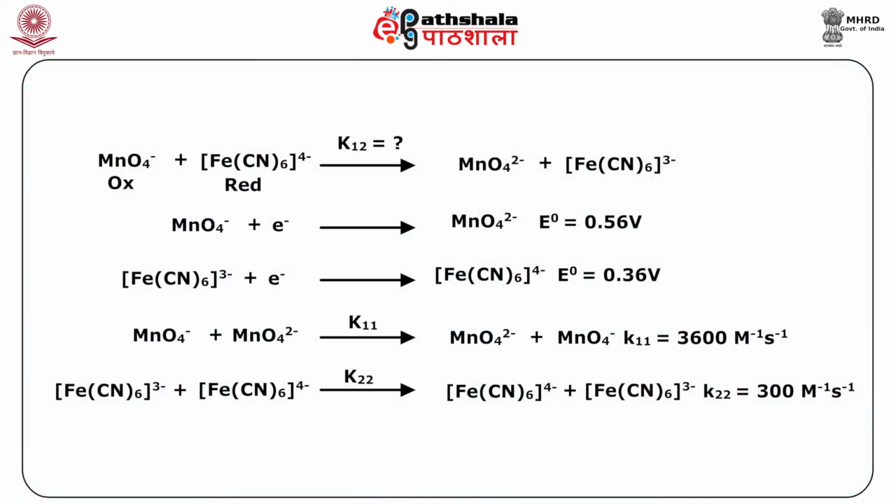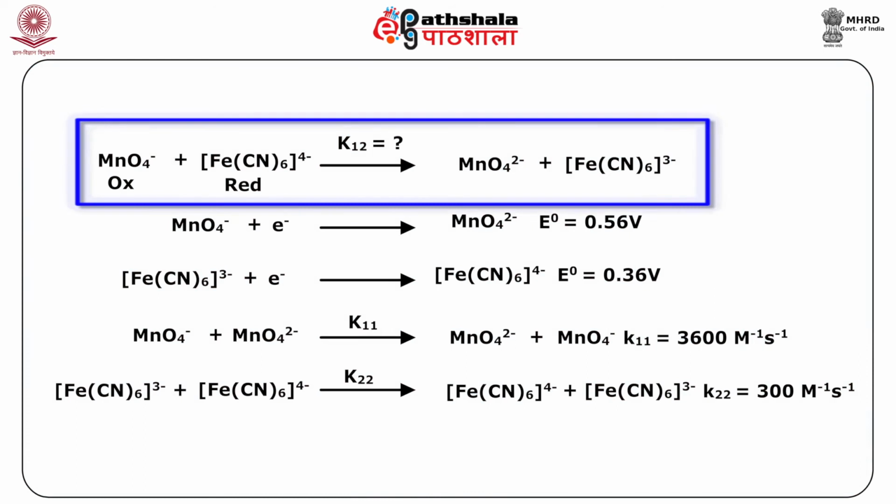One example of how to calculate the rate constant for the cross reaction is MnO4 minus reacting with Fe(CN)6 4 minus.